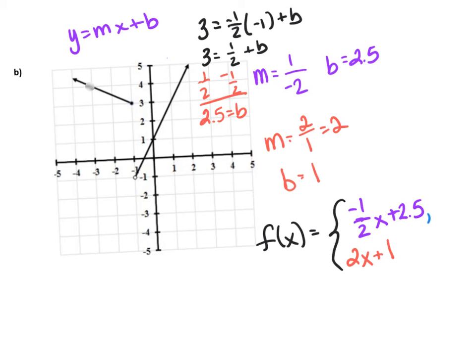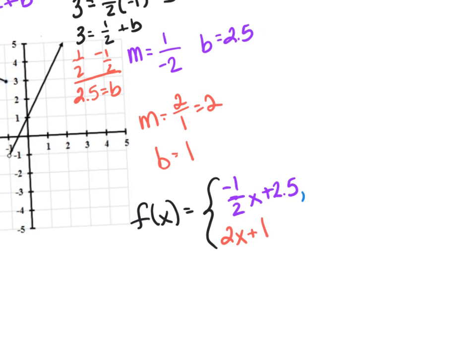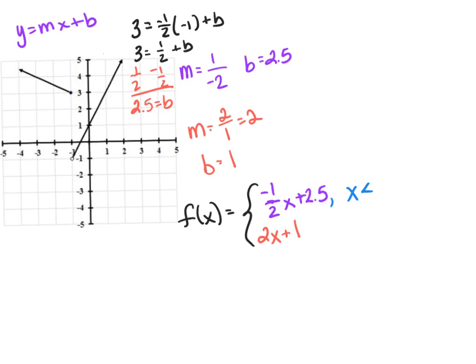So it looks like it's every number that is less than -1. So for this, we write that by saying x is less than, and notice again it's a closed circle. So this is a closed circle, which means we can equal that number. x is less than or equal to -1.